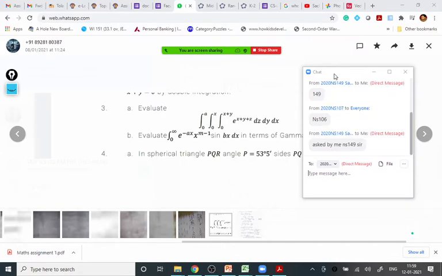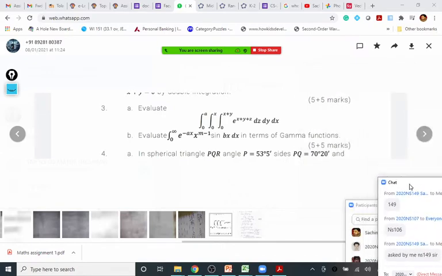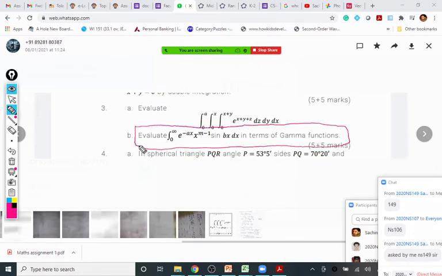Okay, 149 asked this question. Good. Sahitya, no? Okay, good. Our aim is to evaluate this integral in terms of a gamma function.